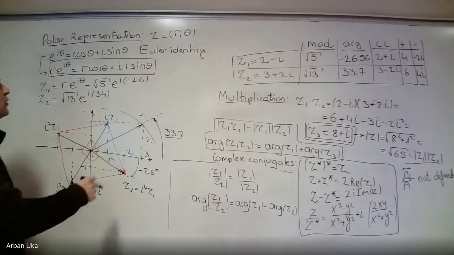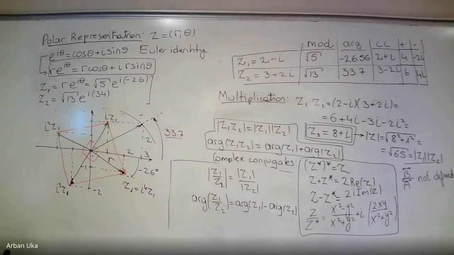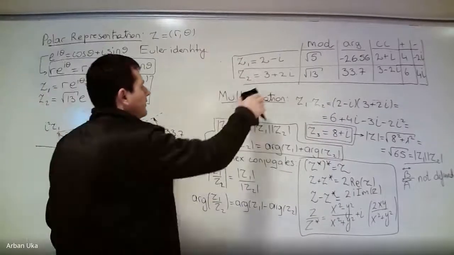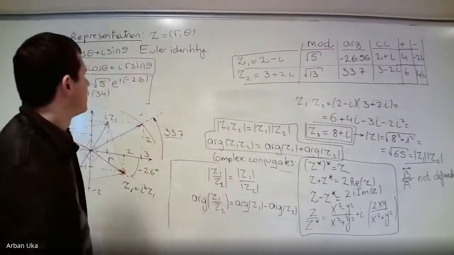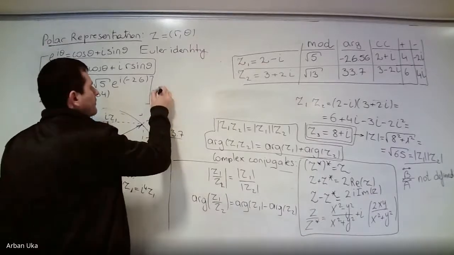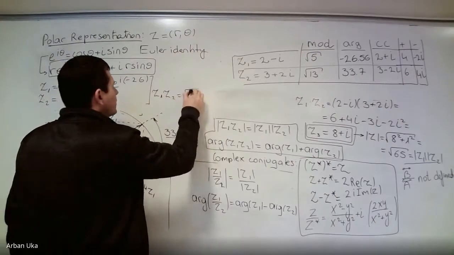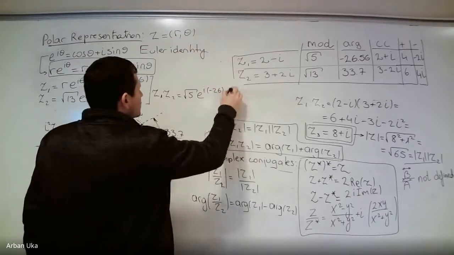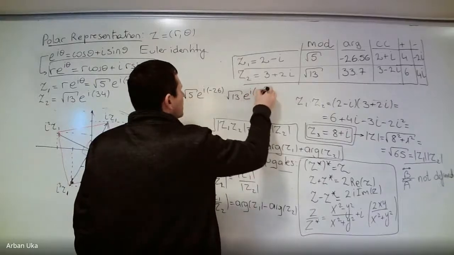And now, if we want to multiply Z1 with Z2, what should we get? Let's have a look. Z1 times Z2. What is Z1? Z1 is square root of 5 e to the power i minus 26 times square root of 13 times e to the power i times 34.